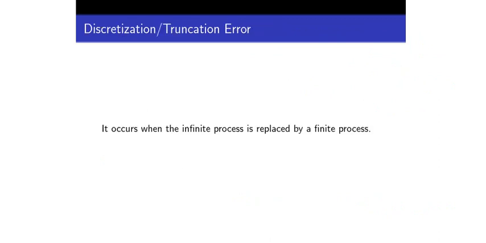Okay, now the next very important error is truncation error, or so-called discretization error. As the statement is clear, it occurs when an infinite process is replaced by a finite process. The infinite process you are aware of so far, in mathematical terms, is the Taylor series, right?